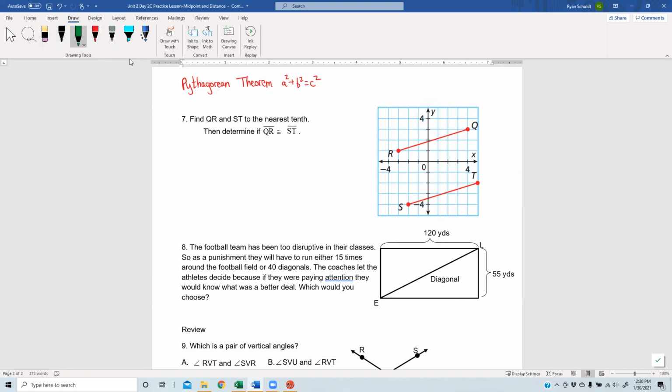Okay, so let's deal with QR first. Now I need to make a little triangle here to find the distance. So how much did I go up? 1, 2. I went up 2. Then I went over 1, 2, 3, 4, 5, 6, 7.